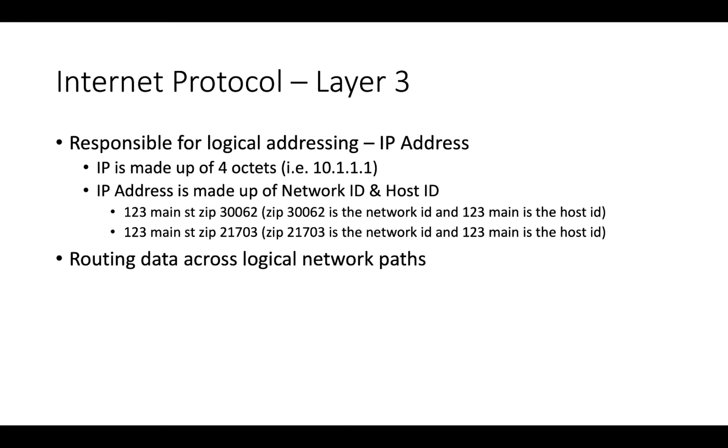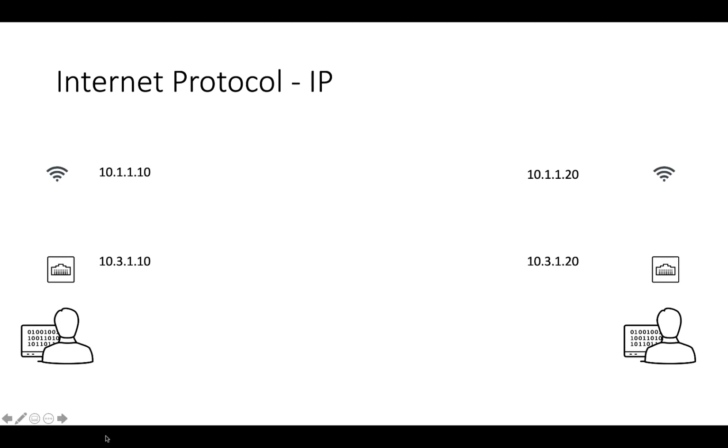Layer 3 is also responsible for routing data across logical network paths. Each network interface card, wireless as well as Ethernet, has a unique IP address. The IP address is unique for your medium.